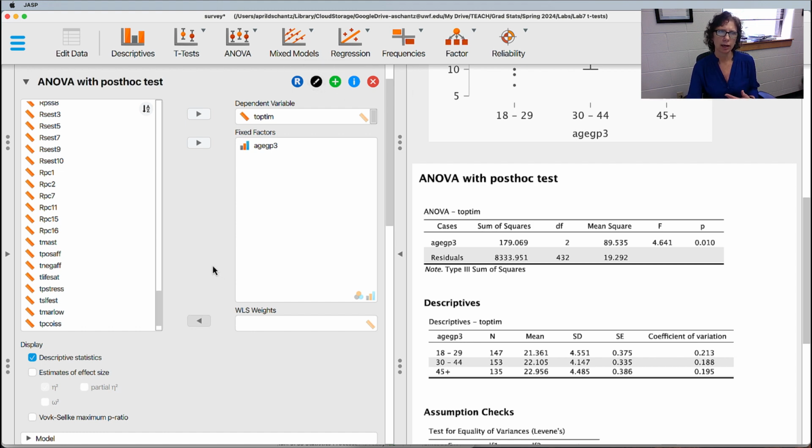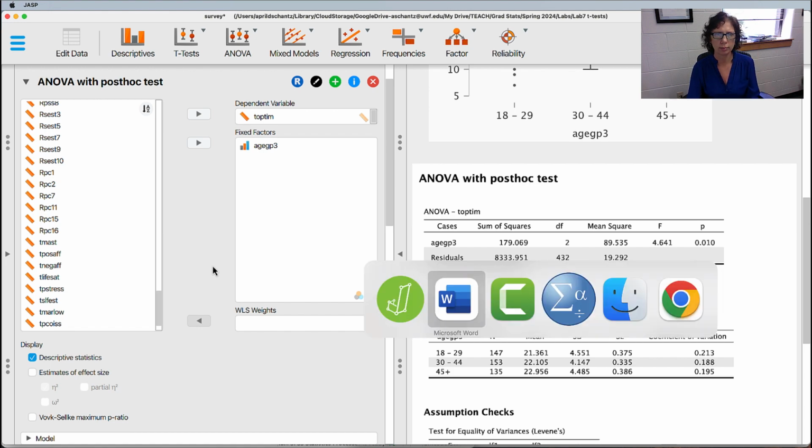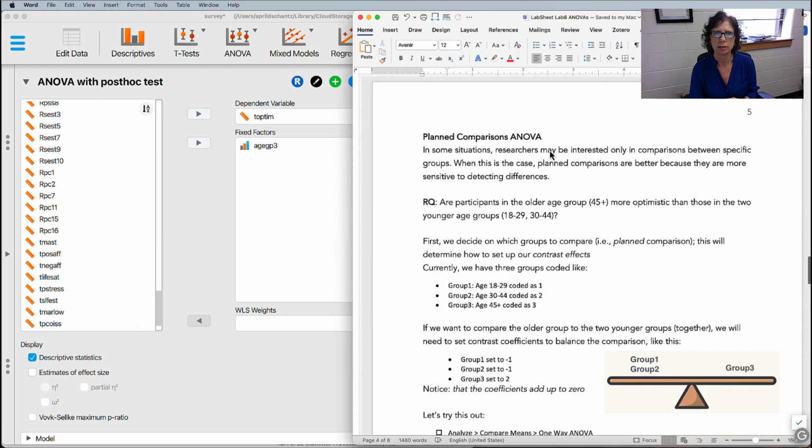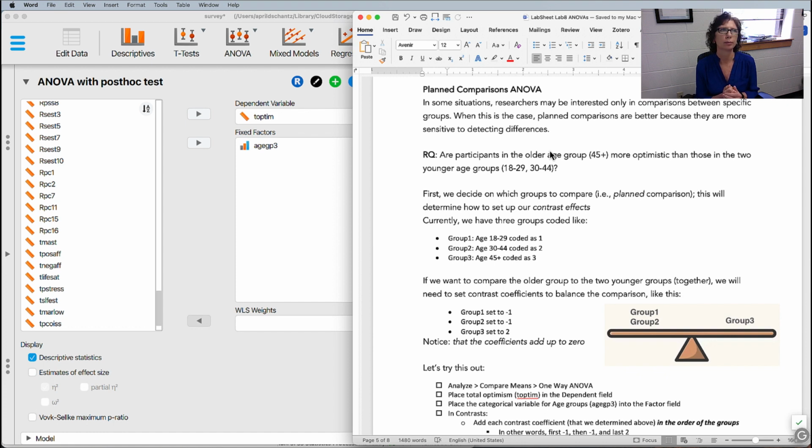Let's now look at a planned comparison, because what's going on with a planned comparison is that it's a stronger test, because Tukey doesn't have to make a correction for it.